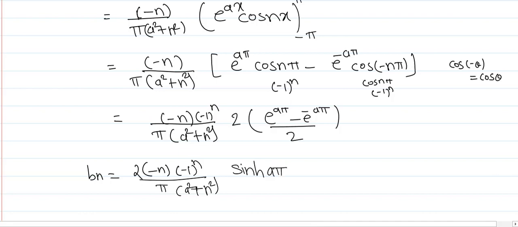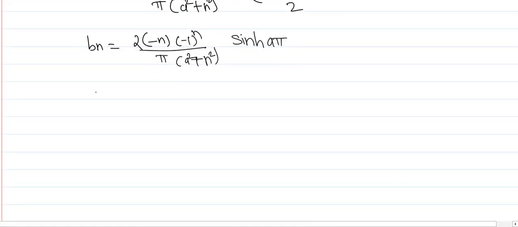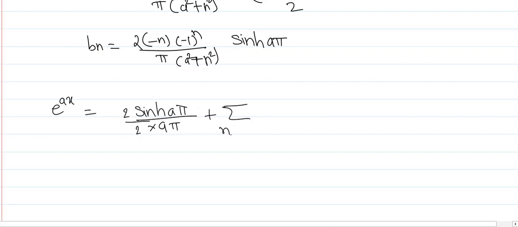Now substitute all values of a0, an, bn in the Fourier series. We obtain f of x. F of x is e raised to ax equals sin hyperbolic a pi divided by a pi, this is the value of a0, plus summation n equals 1 to infinity.